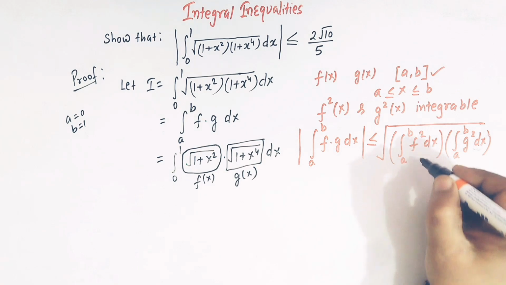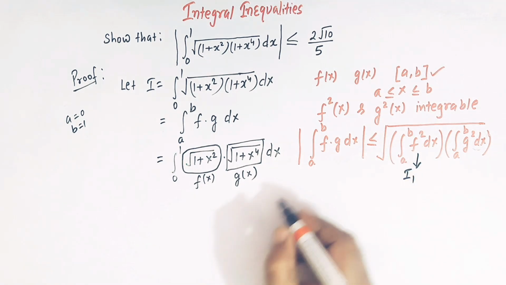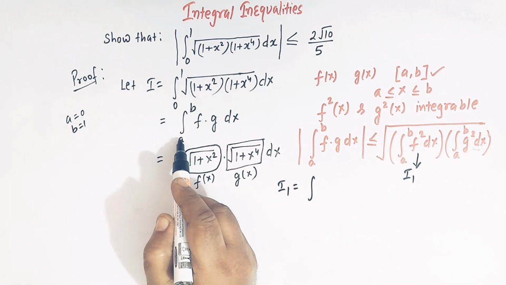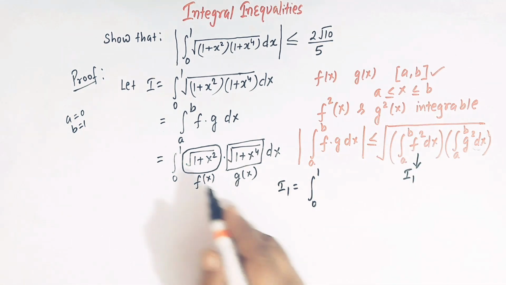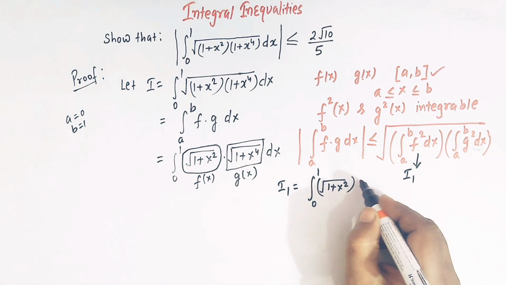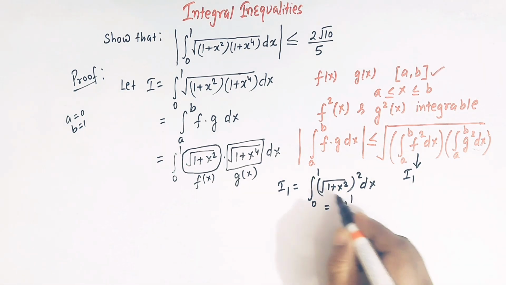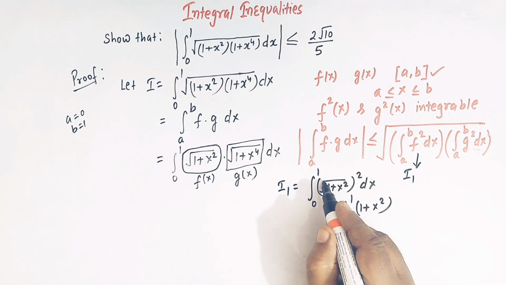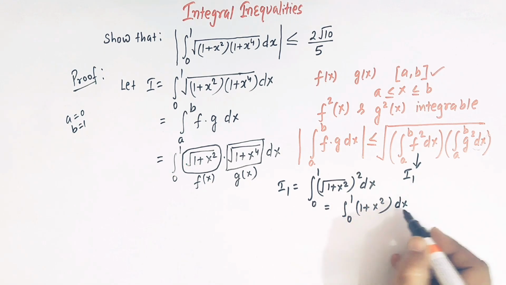Now let us calculate the integral of f square and take it as I1. So I1 is the integral from 0 to 1 of f square, that is square root of 1 plus x square whole square, dx. Simply we can write 1 plus x square, because the square root gets cancelled with the square, and we have the integral from 0 to 1 of 1 plus x square dx.